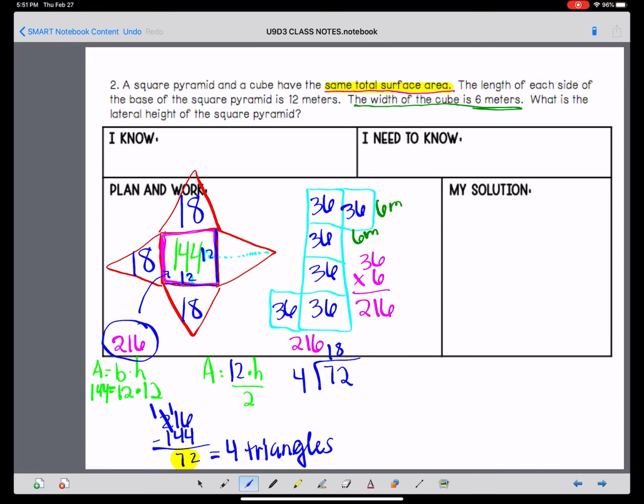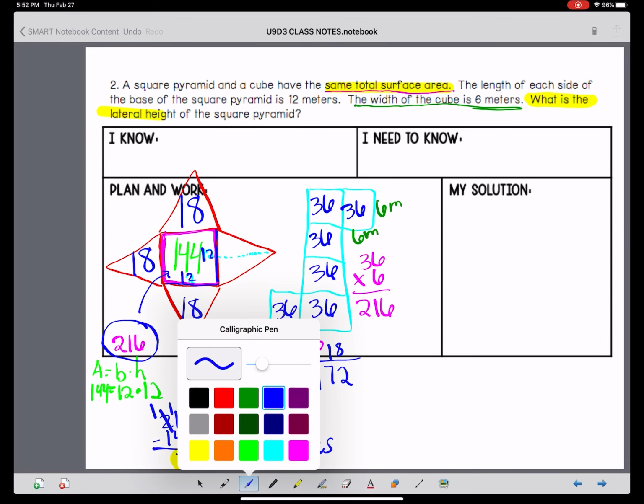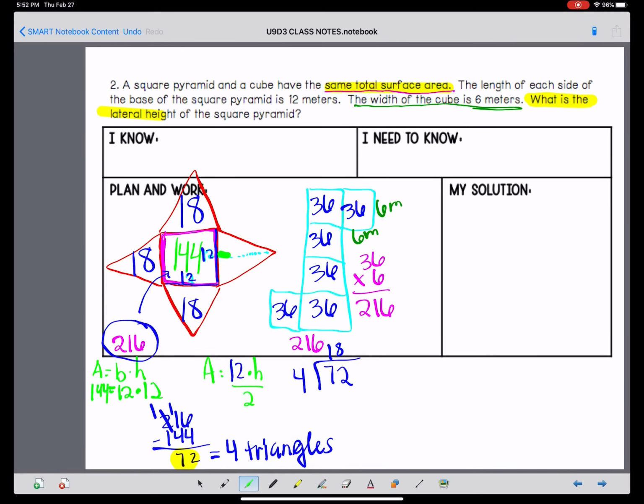Well, that's not even the question we have to answer. They said, what is the lateral height? And the lateral height, once again, maybe I should use a different color. We'll use this bright green. The lateral height is the part of my triangle that is measuring from the base to the tip.